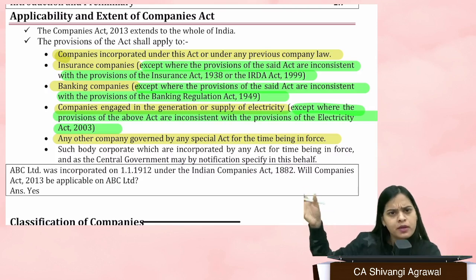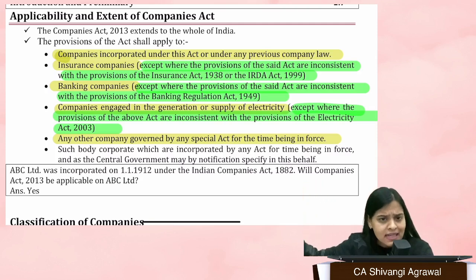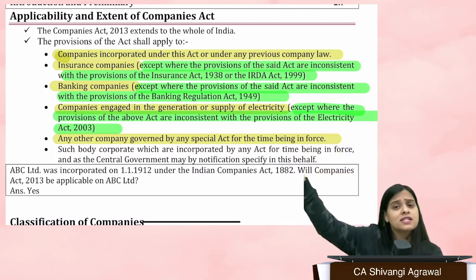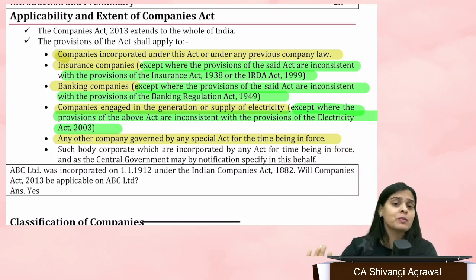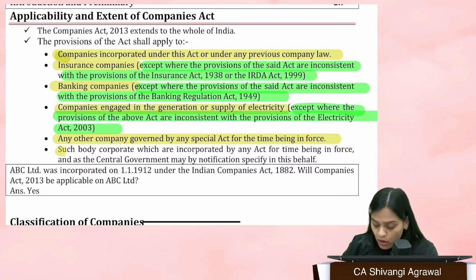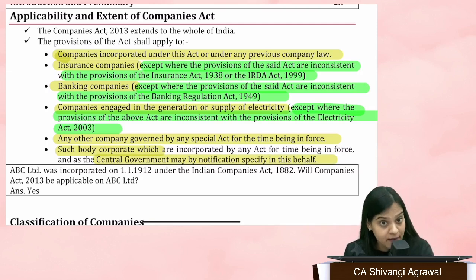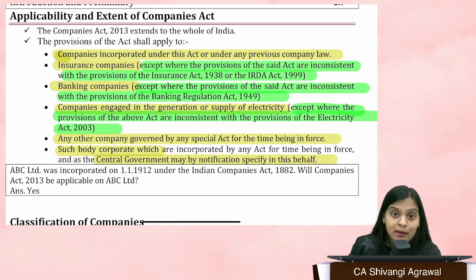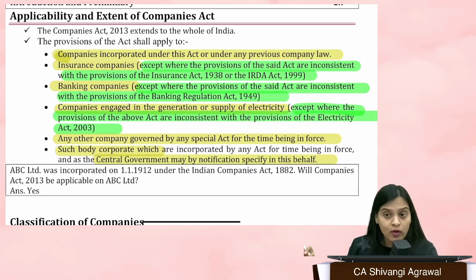Like banking companies governed by Banking Regulation Act, likewise if there is any other company governed by any special Act, still Companies Act will be applicable. And it will also be applicable to any other body corporate which CG may specify.